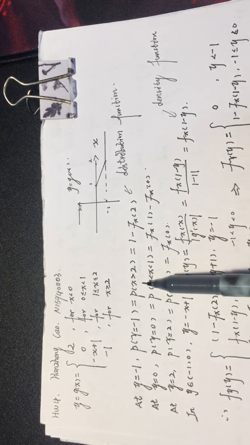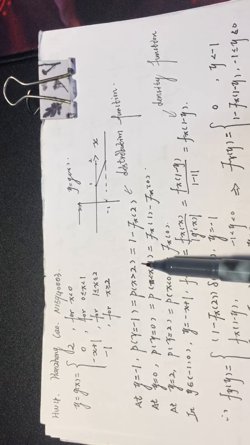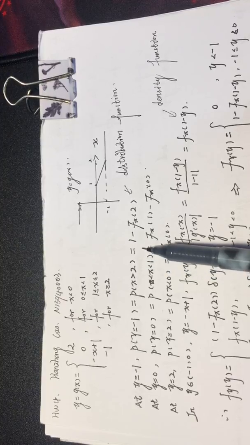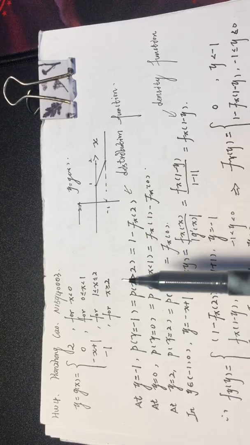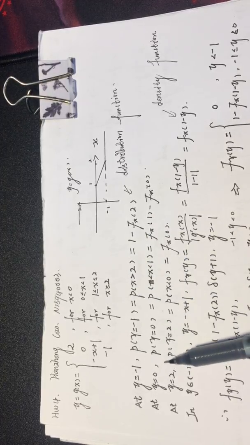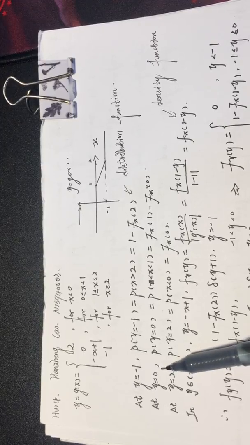So we have to calculate the probability that x is larger than 2, and that equals 1 minus the distribution function of x at 2.